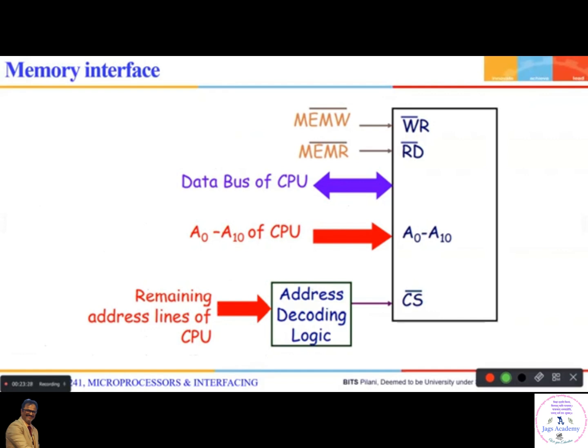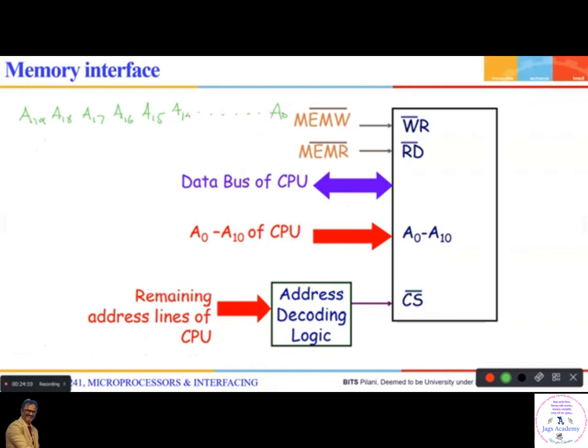You can see how we are going to design the decoder logic for this. Listen carefully, it's very important. Your microprocessor has address lines A19 to A0. How many address lines are there for the 8088 microprocessor? You have A19, A18, A17, A16, A15, A14, and so on down to A0.